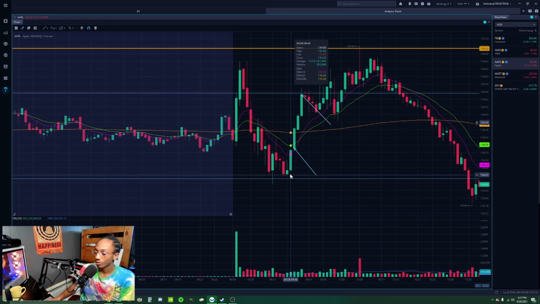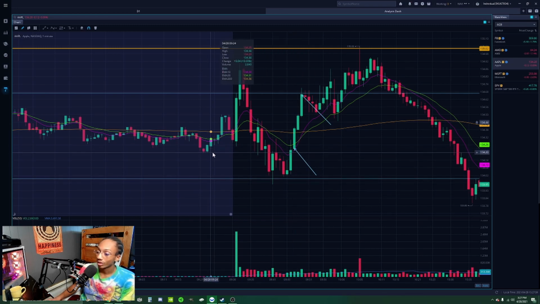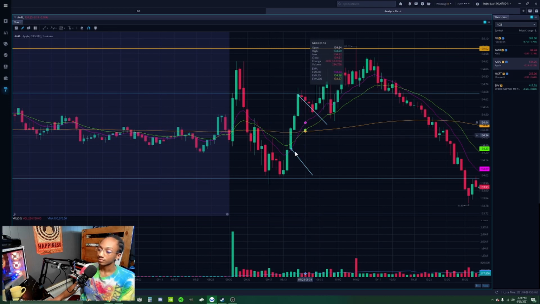I'm always talking about wide body candles, but they're very important. This wide body candle right here engulfed this candle and this candle and this candle, and then it closed above all of these pretty much. And it pushed higher, but it eventually came back down a tiny bit.